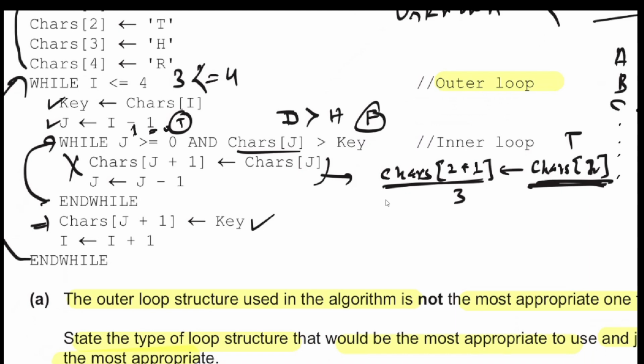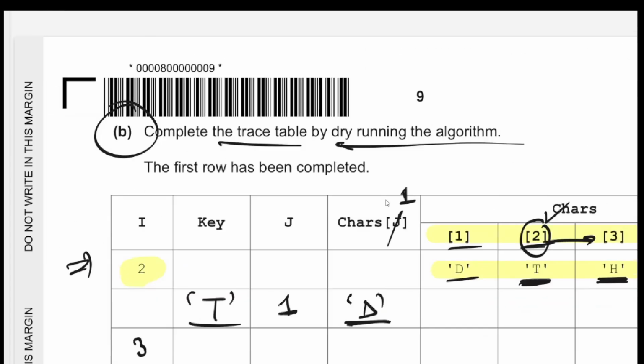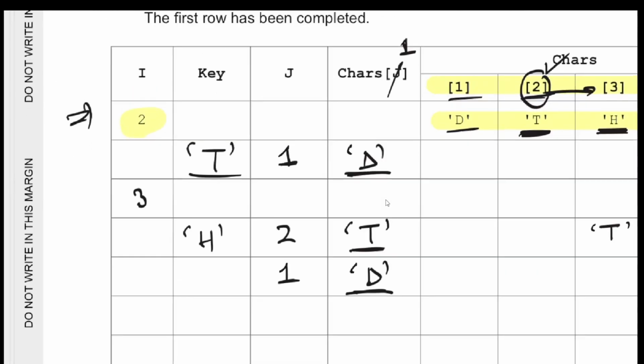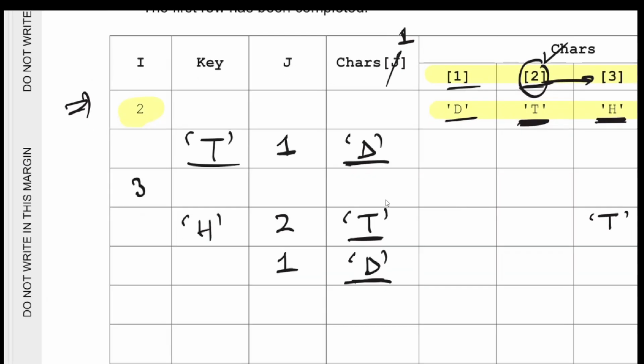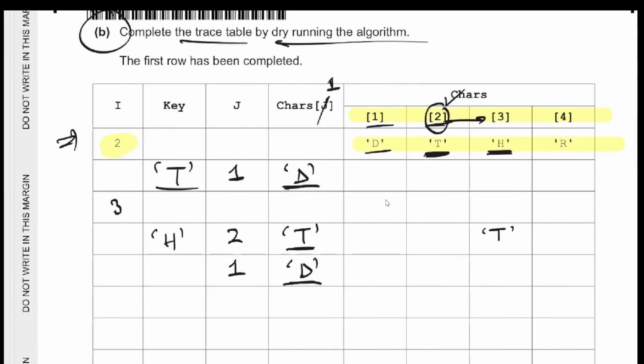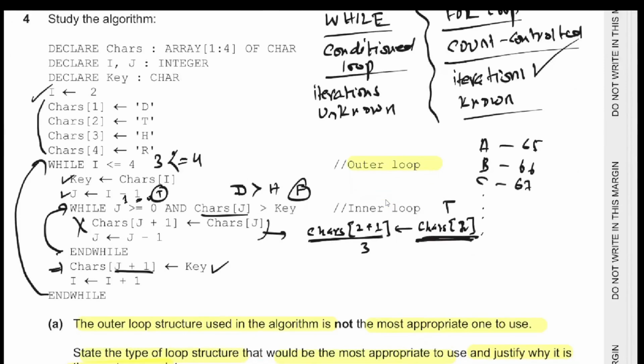right? What is in the J? J में इस वक्त है 1, 1 plus 1, 2 में क्या आ जाएगा? The 2 will have, इसमें आप देखें कि now what was the last value?